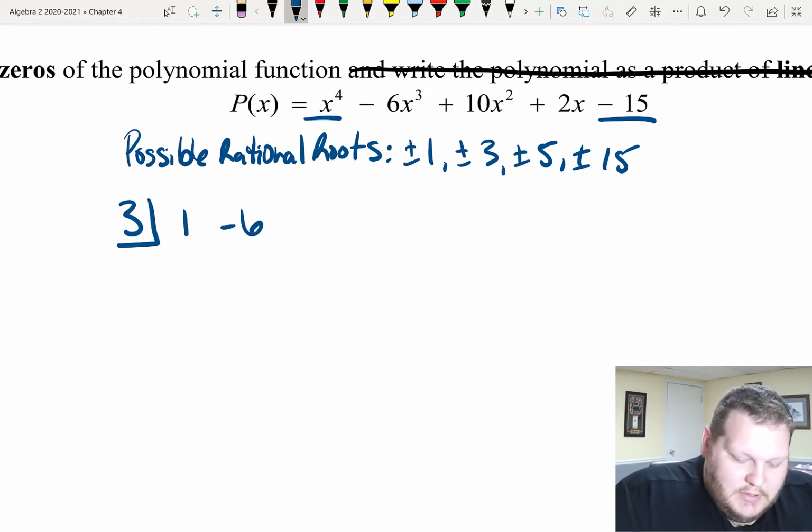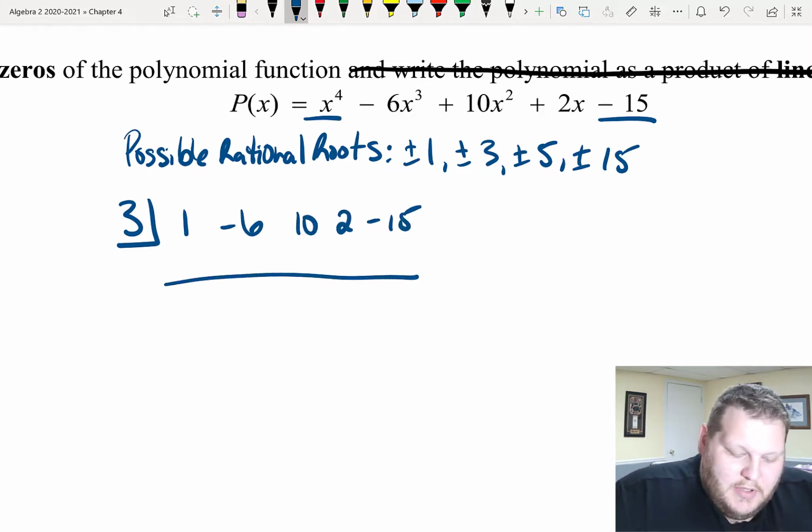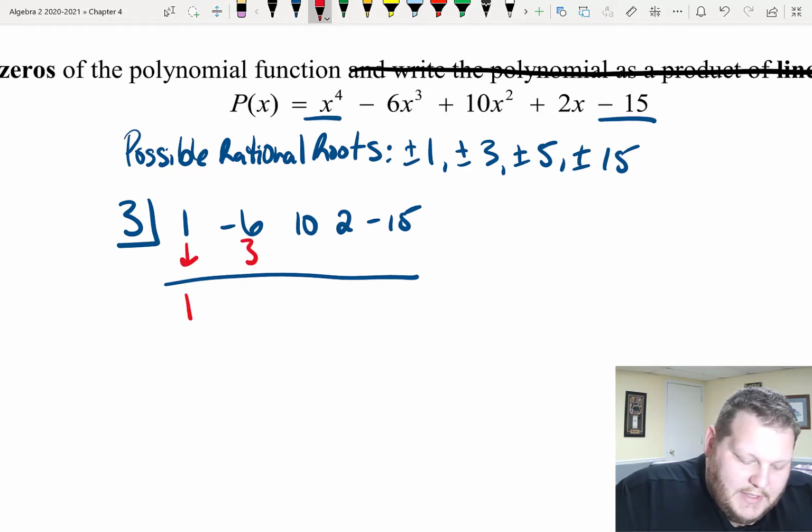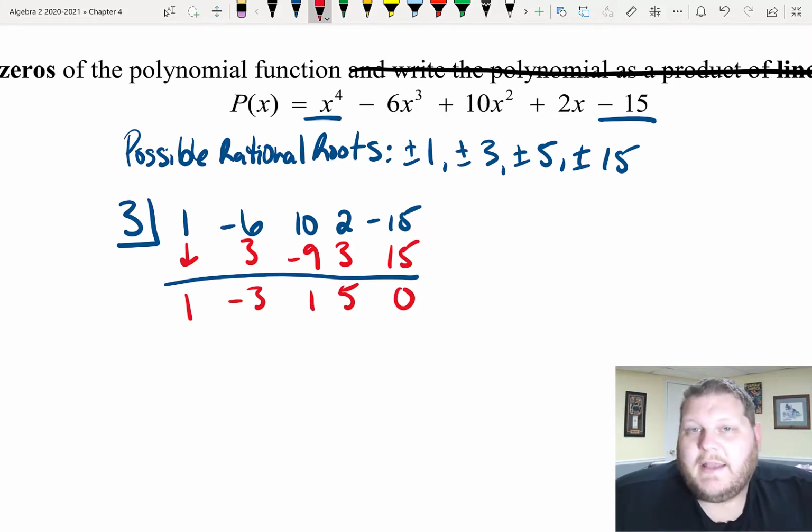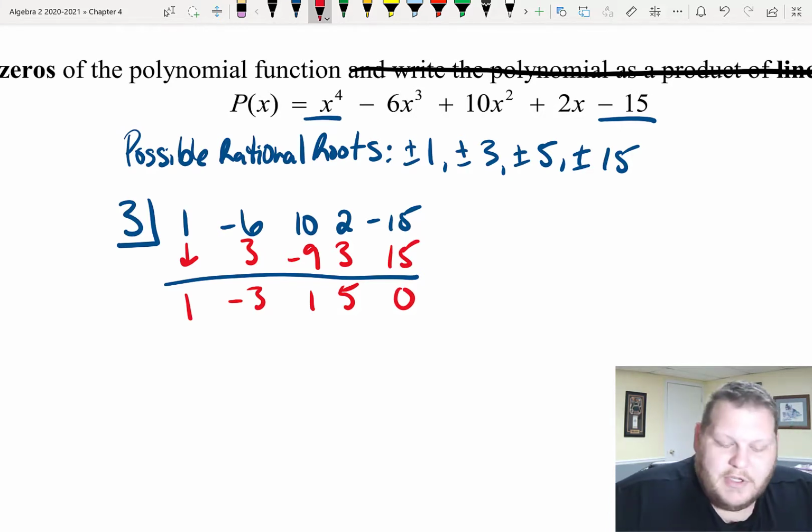My coefficients are 1, negative 6, 10, 2, and negative 15. I drop this down, multiply, add, multiply, add, multiply, add, multiply, add. Hey, look at that. We get a remainder of 0. So positive 3 is one of my roots.